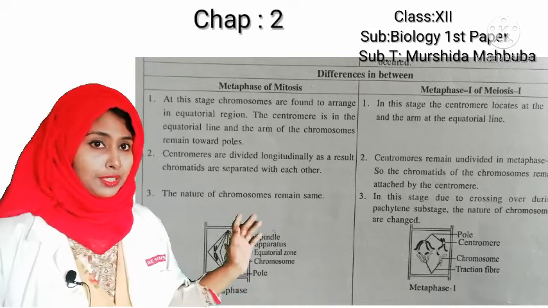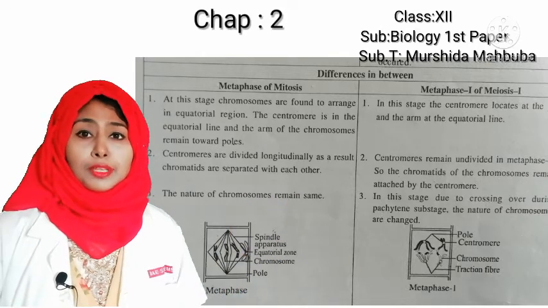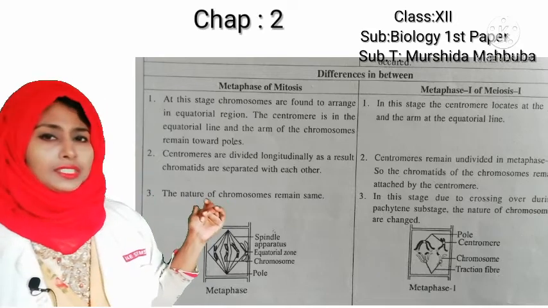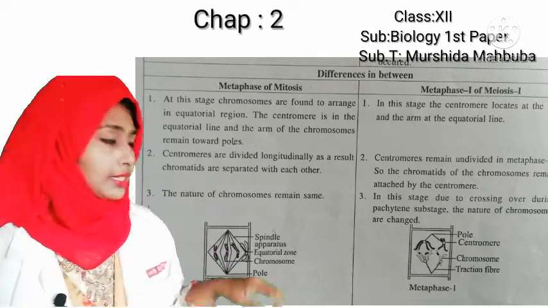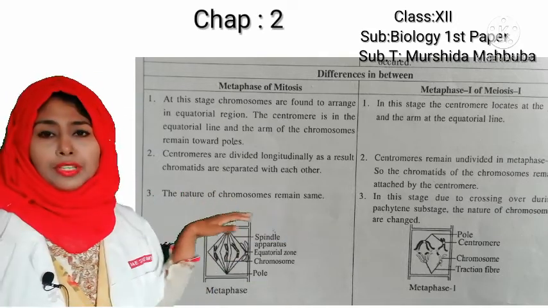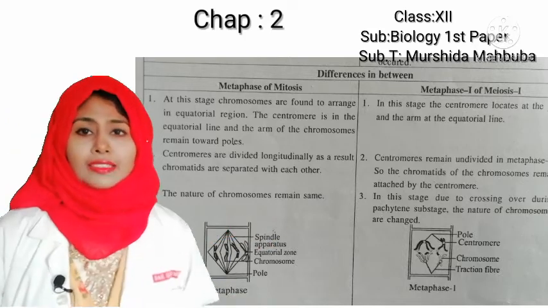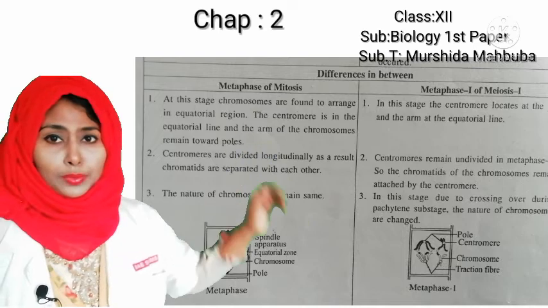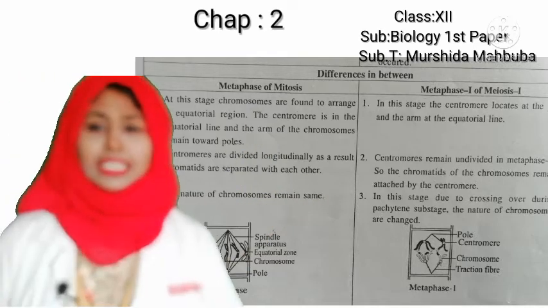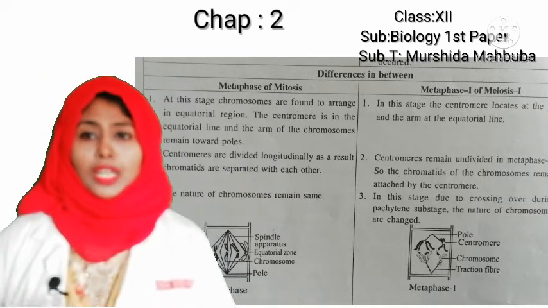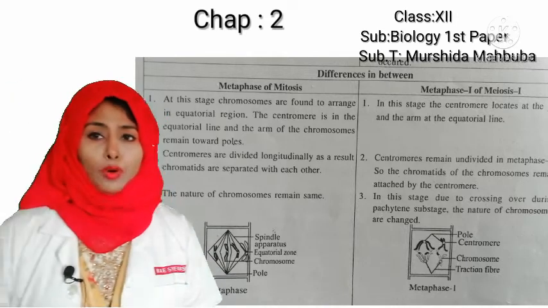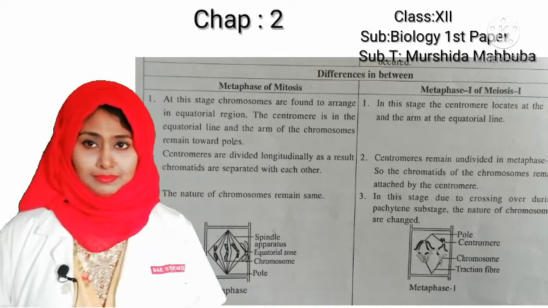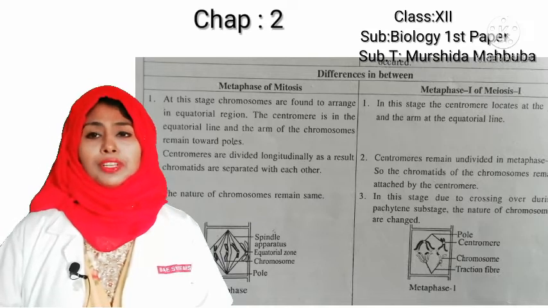Metaphase of mitosis cell division and metaphase 1 of meiosis cell division. In metaphase, at this stage, the centromere is on the equatorial line, and the arms of the chromosome remain towards the pole. In metaphase 1, the centromere is located towards the pole and the arms at the equatorial line.